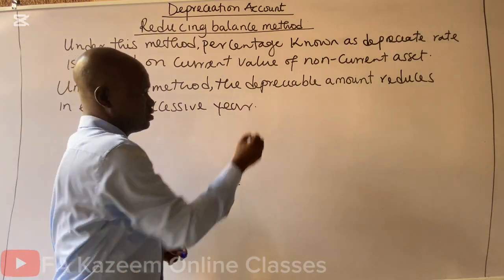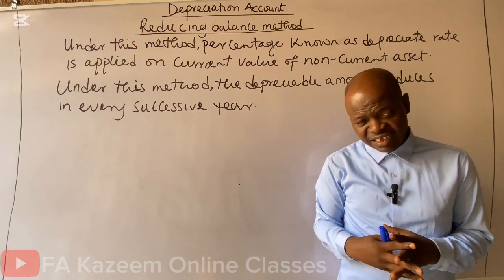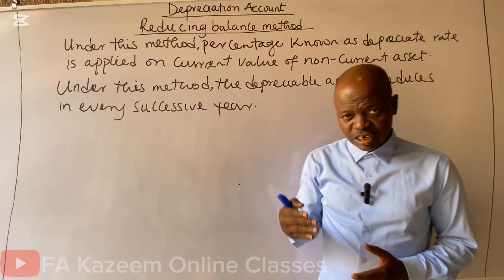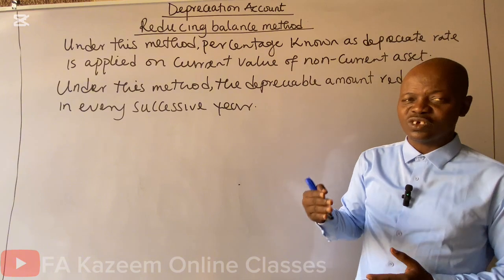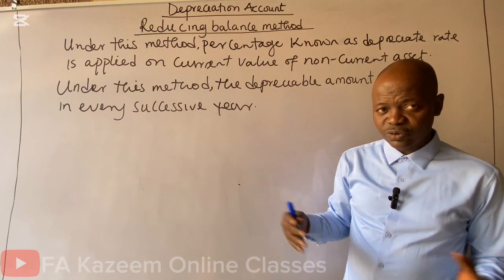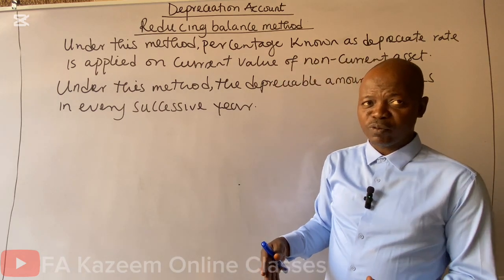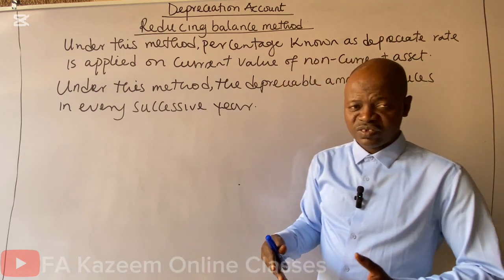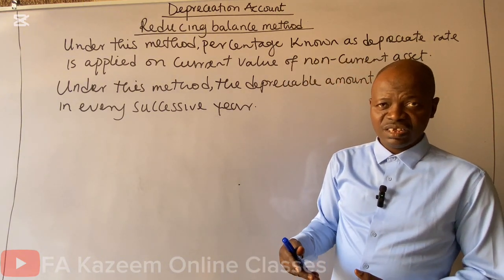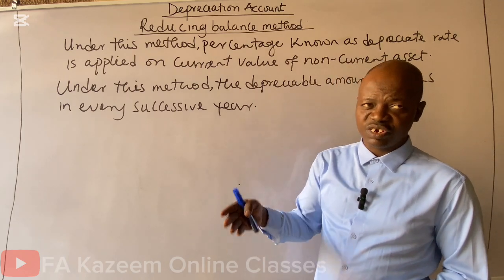Now, what we mean is this. Under this method, the amount provided as depreciation on the non-current asset reduces in every successive year. For instance, if 10,000 is provided in year 1, 8,000 will be provided in year 2, 6,000 will be provided in year 3. What we believe is this: as the asset is put into use, the value of the asset is reducing.